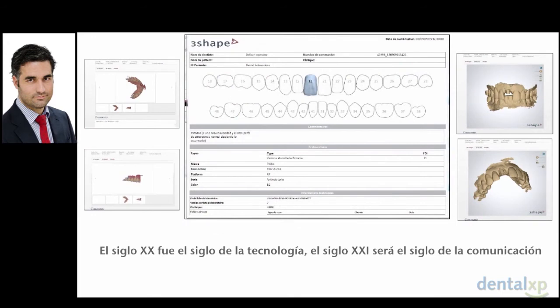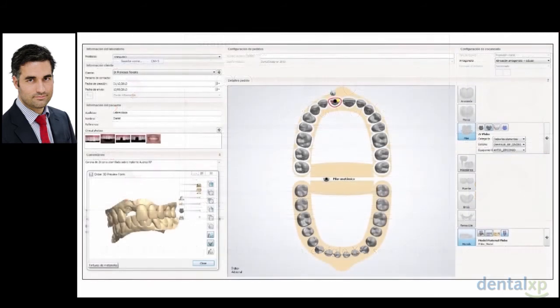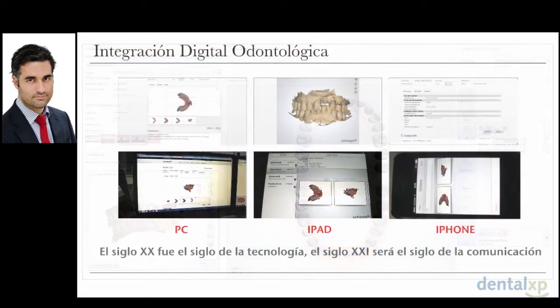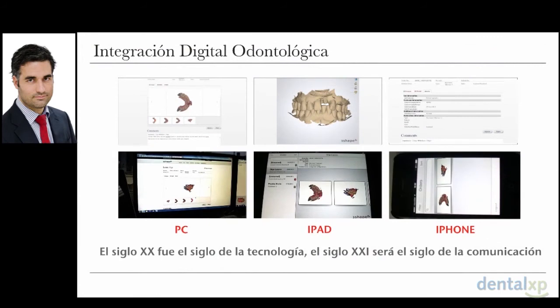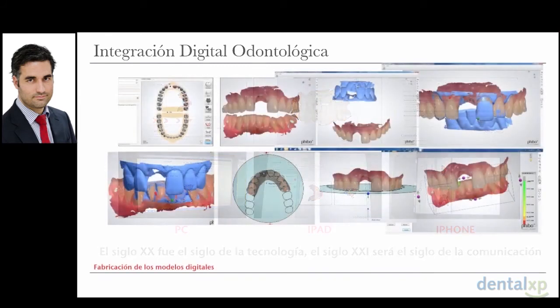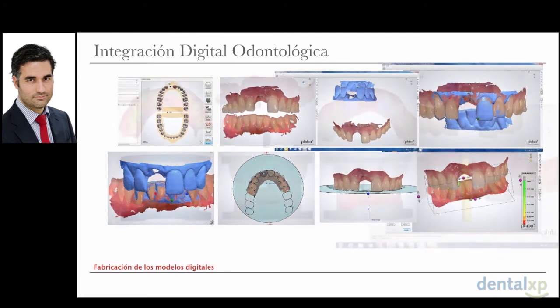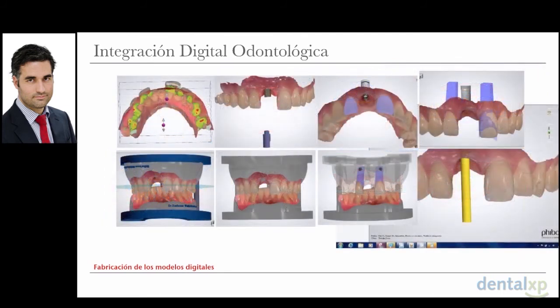You can see at all times on your devices, your Mac, your iPhone, your iPad, how your order is going, and you can give the lab more information and photos, and then the lab can also place some comments in your work if they have to change something. This is a very important tool because it's going to improve your communication with the lab.